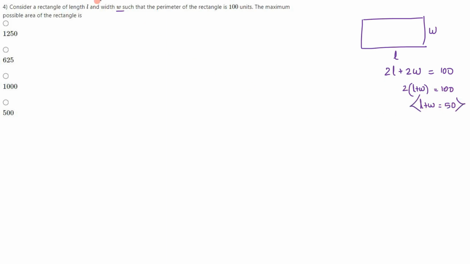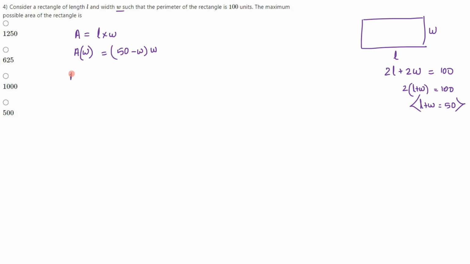Okay, so now the maximum possible area. What is area? Area is given by length into W. I'll just convert this L in terms of W. I'll have area in terms of width, that is nothing but (50 minus W) into W, right?